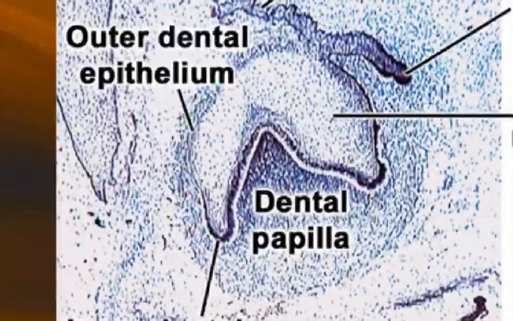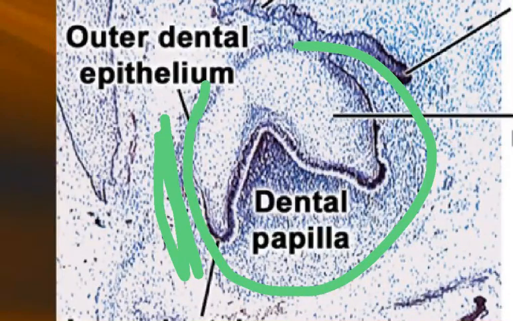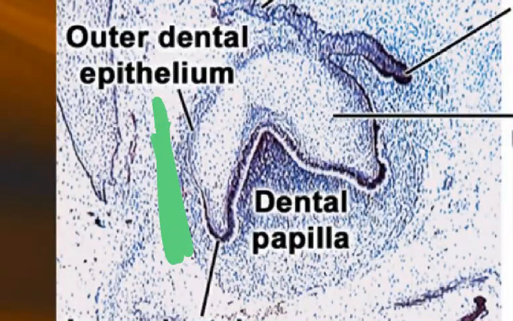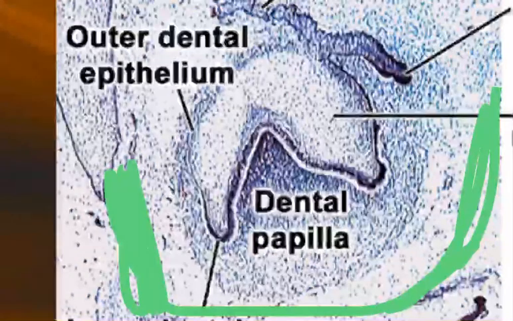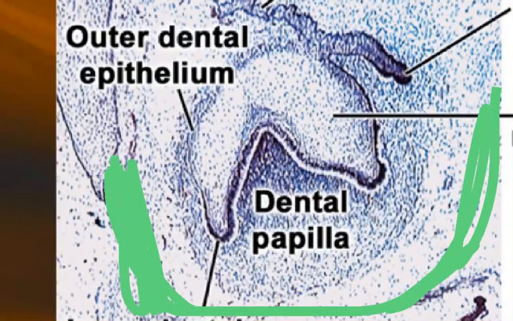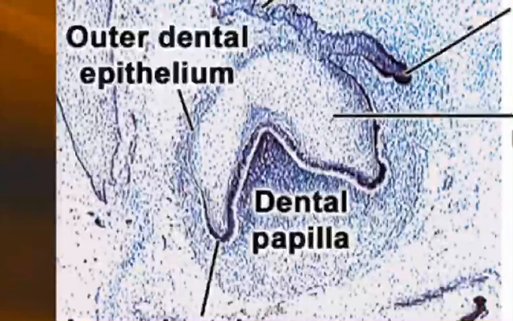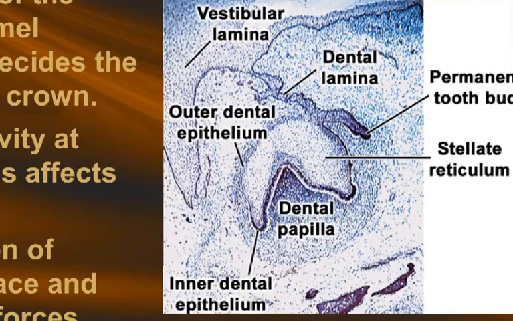Inner investing layer is highly cellular, highly vascular, and will give rise later to cementum. Middle investing layer, less cellular, less vascular, will give rise later to periodontal ligament. Outer investing layer, highly cellular, highly vascular, will give rise to alveolar bone.